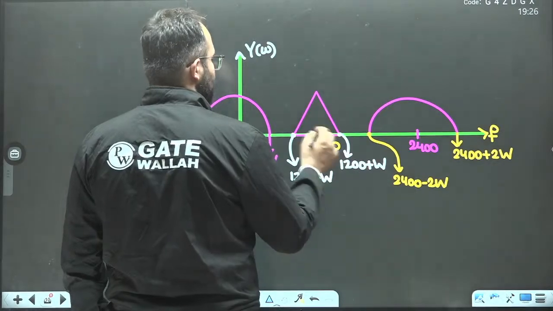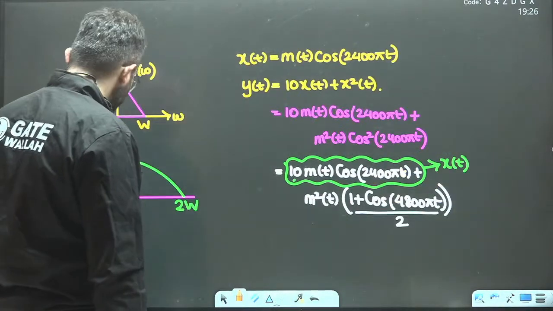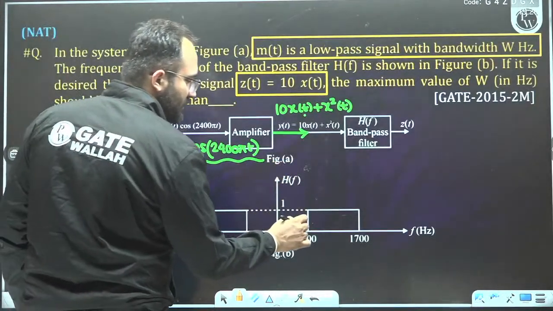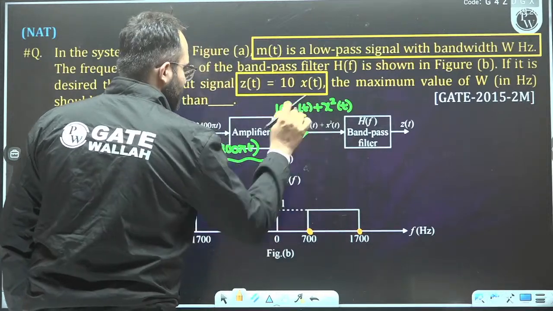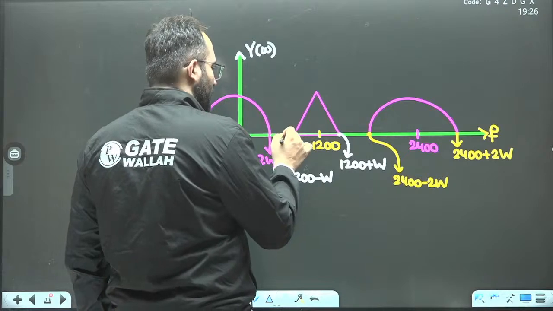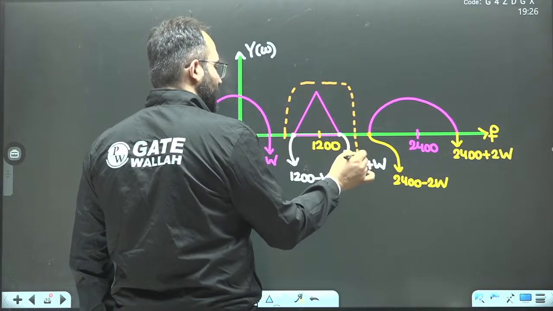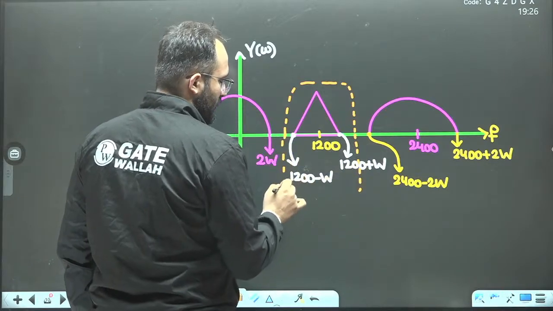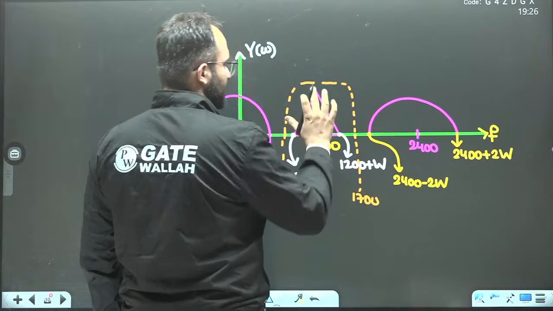Now we want to take out this term only. We want to apply the bandpass filter that will pass from 700 to 1700, and we want only this 10 x(t) term.